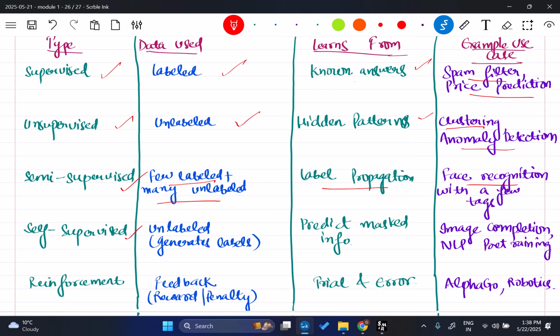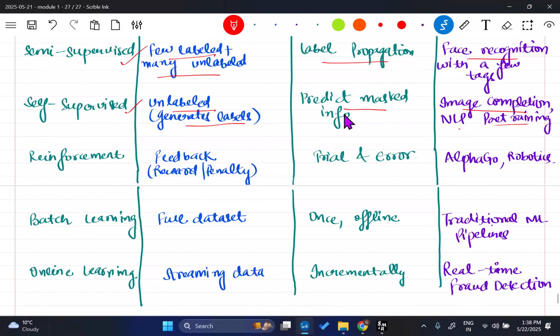Next is self supervised, where the data is unlabeled and the labels we need to generate, like predicting masked information, where some part of the image is missing and we need to generate that. Image completion and NLP pre training are application areas of self supervised learning. NLP is natural language processing. We will be covering this on my channel in the coming months, whenever I finish with ML and a few other courses which are on my head.